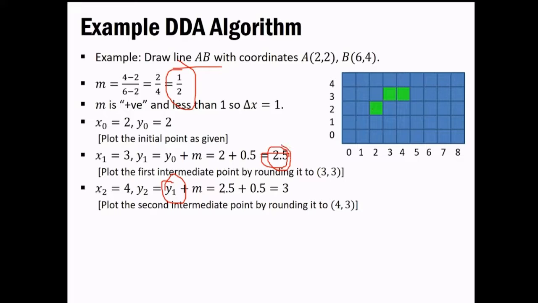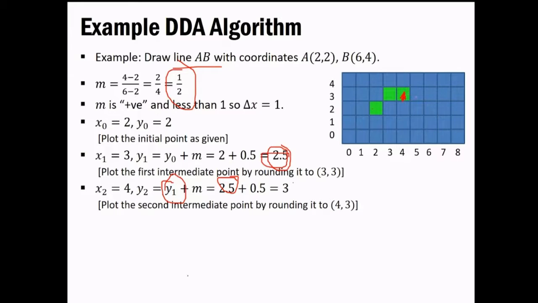Each iteration gives you some value, and you have to take this value for the next iteration, plus 0.5. The 0.5 remains the same because the slope remains the same. And you'll get 3. If you are getting 3, then you don't have to do anything. Keep this value as it is. Don't try to round it off to some other value. In very simple terms, the value you get is the value you write, and you put it in the pixel like this.